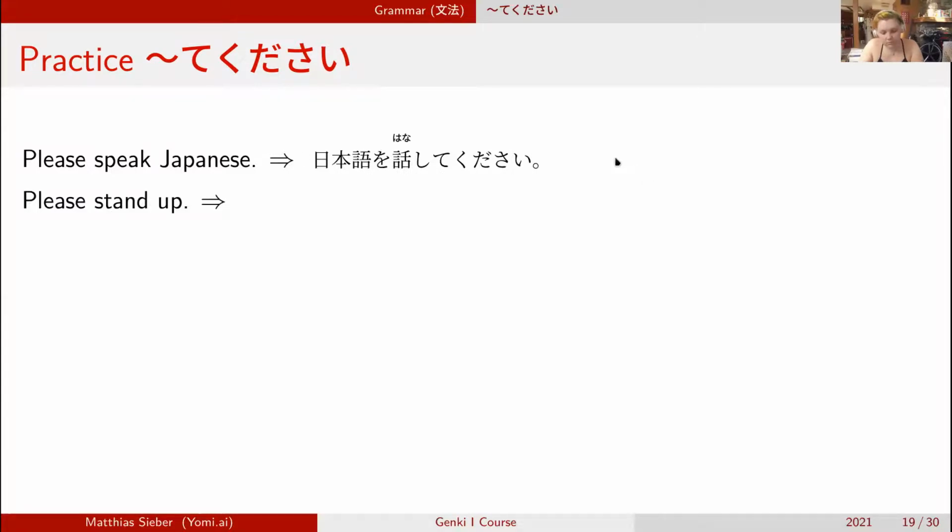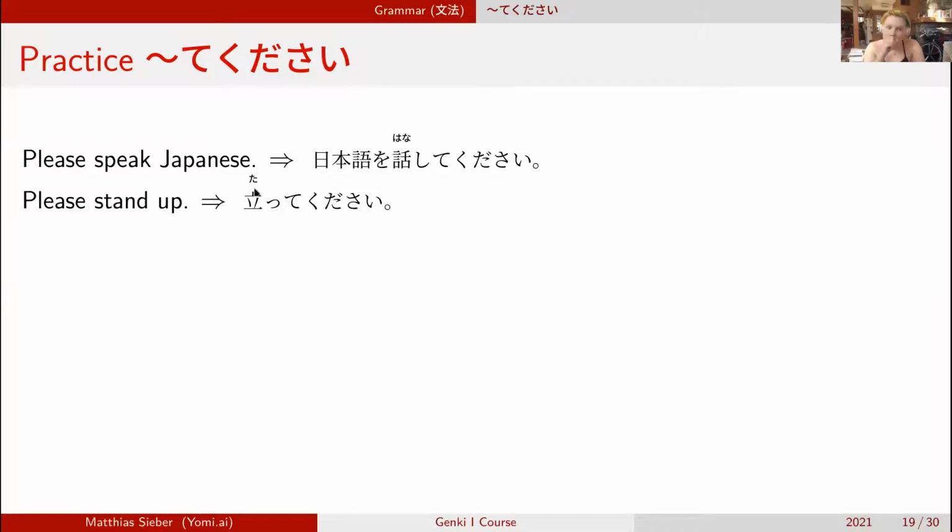So please stand up, what would that be? Tatte kudasai. Exactly, yeah. Tatte kudasai is please stand up. And please wake up, we already know it's okite kudasai. You don't need a particle for this statement? No, because this in itself is just the verb.